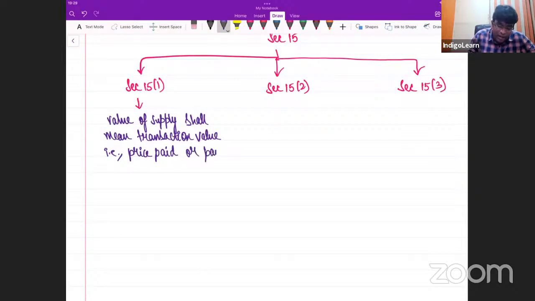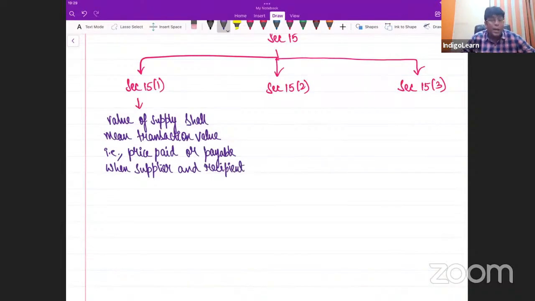price paid or payable. What is the line? Price paid or payable, when supplier and recipient are not related, and the price is the sole consideration. Paid means what? Actually paid.